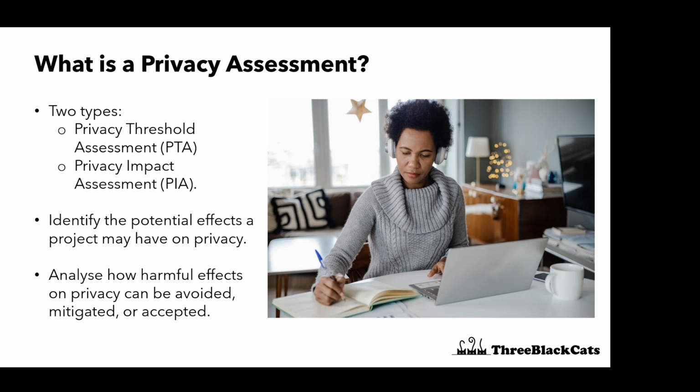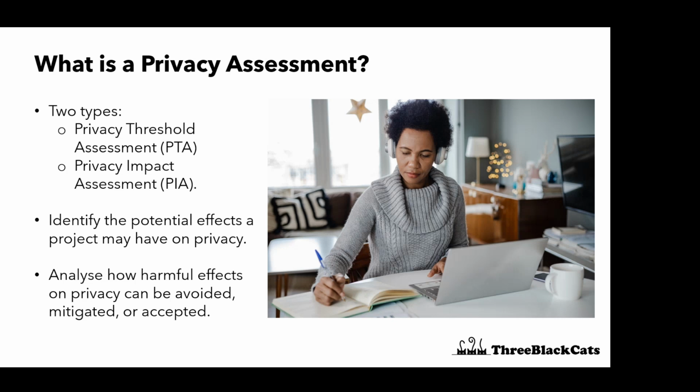Okay. So generally depends on your organisation, but in most organisations, the PTA will take about 10 minutes for a project to fill in. The PIA will be, depending on what form you've got it in, an hour or so if it's a questionnaire with multi-choice, and can be up to a week's work if it's a written Word form.